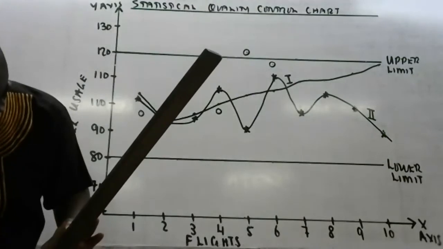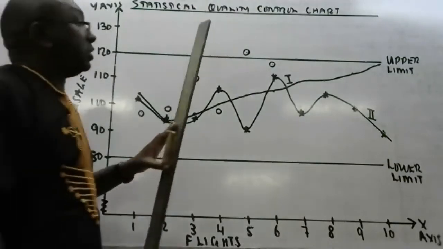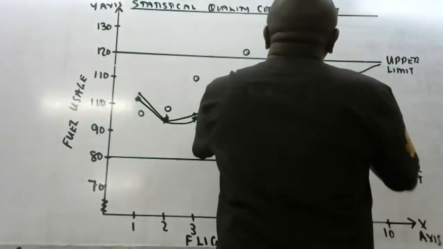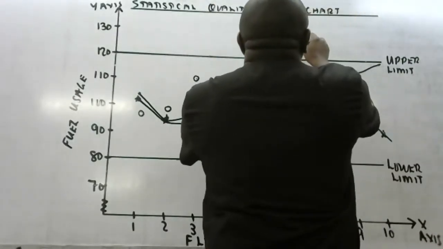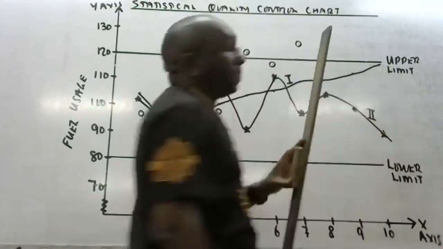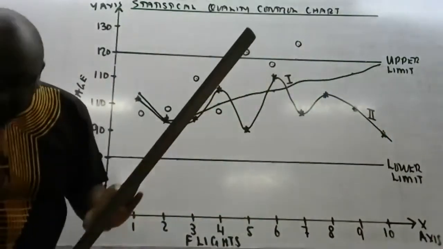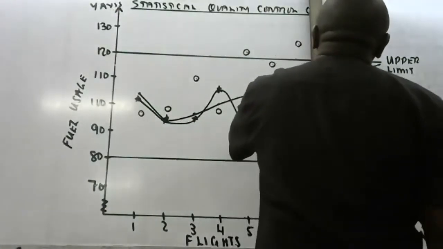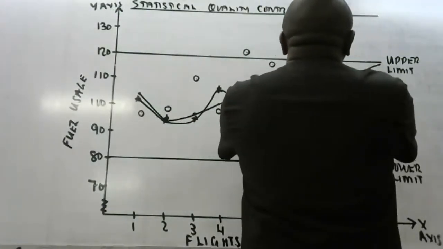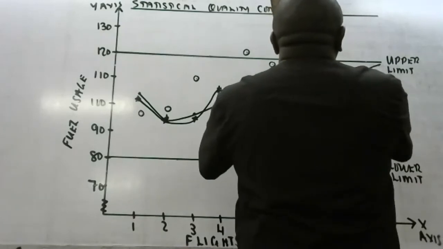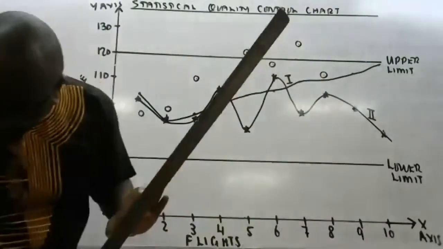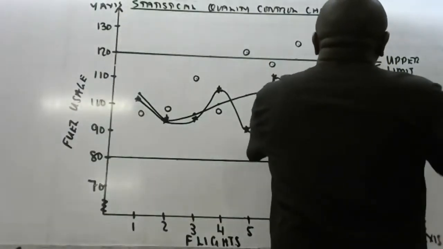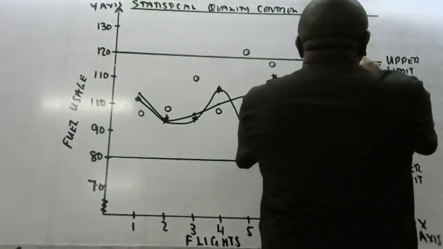Then I have 126. 126 is here. Then 114 is here. Then I have 117. 117 is here.